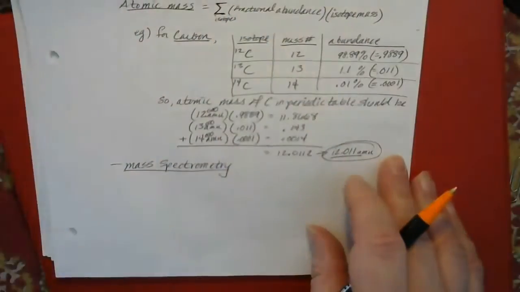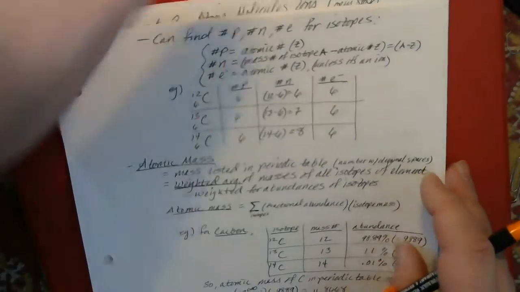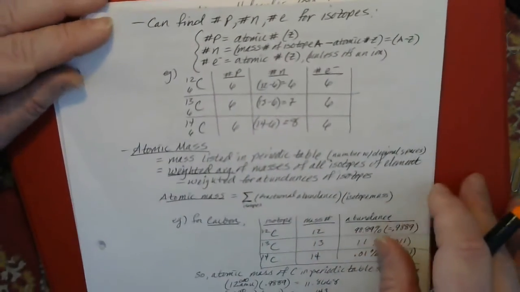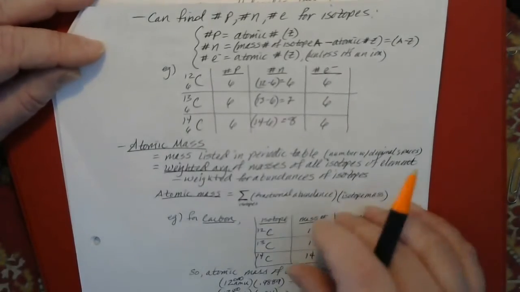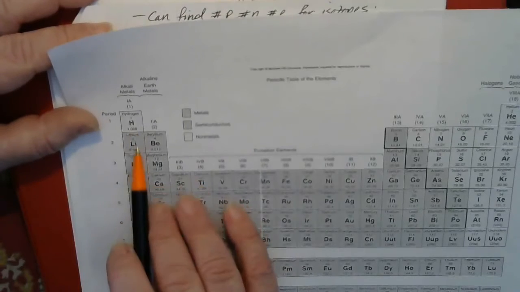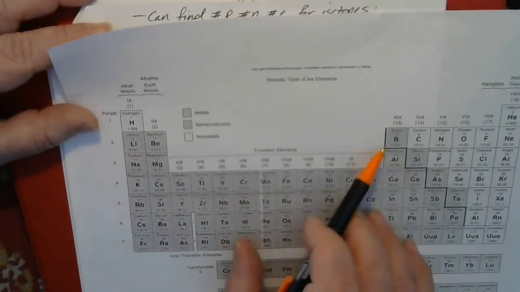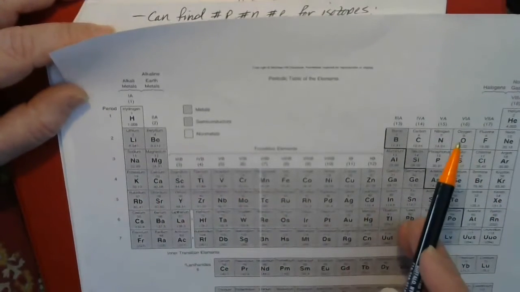But the minor isotopes are usually present in large enough quantities that they cause the average atomic mass, that is the atomic mass that appears in the periodic table, to require decimal places. It's not a whole number. Notice that the atomic masses given in the periodic table are not whole numbers. Okay, and there are only a couple of cases where they are whole numbers.